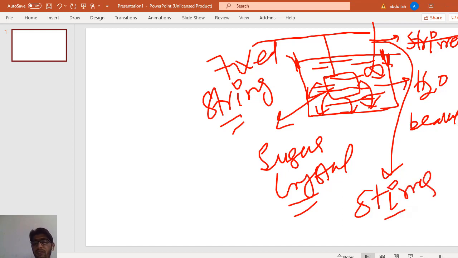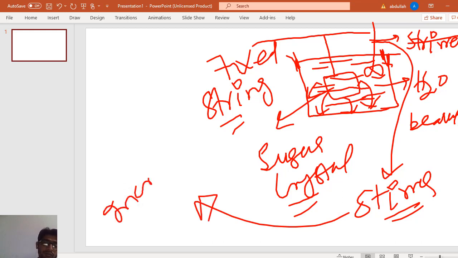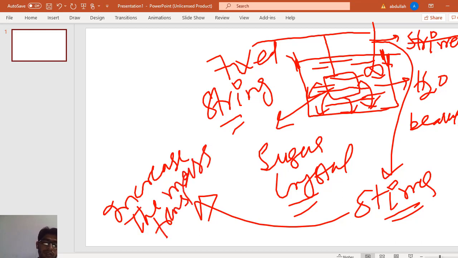If we put some stirrer in it, then it will increase the mass transfer rate, and it is called the forced convective mass transfer.